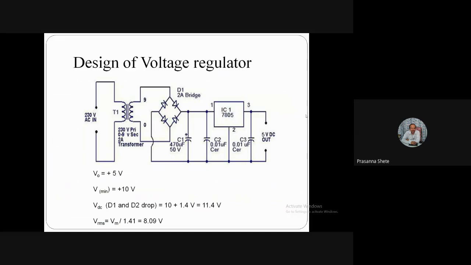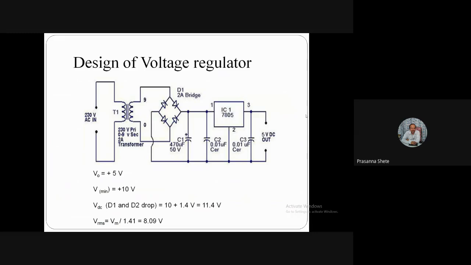It will be 11.4 volts. And this particular 11.4 volts is nothing but the maximum voltage. So we can calculate the RMS voltage, which will be the output of the transformer. RMS is nothing but maximum voltage divided by root 2. So it is given over there on the screen that VM is taken as 11.4 divided by 1.41. We are getting it as 8.09 volts.